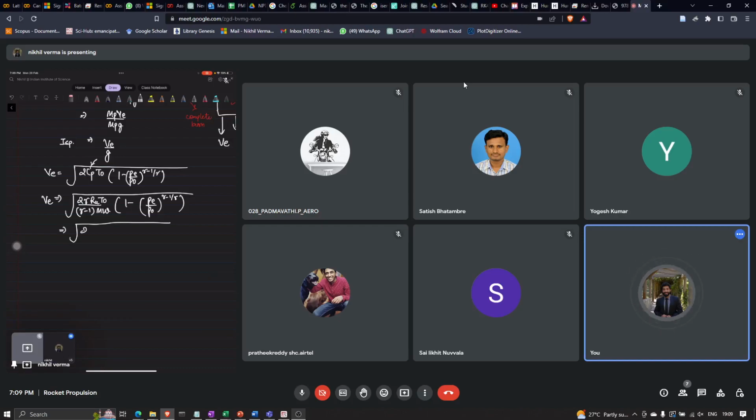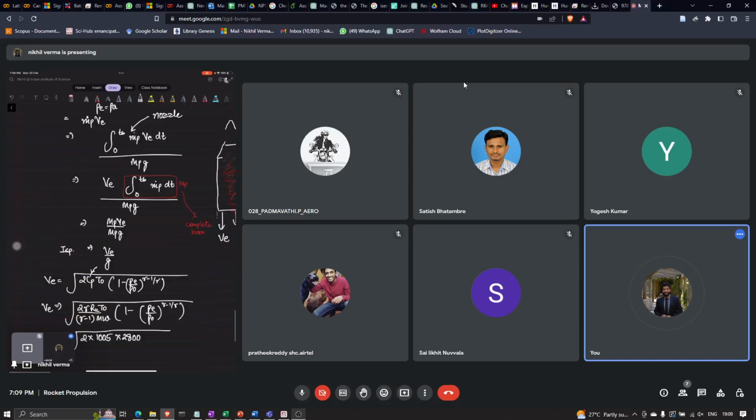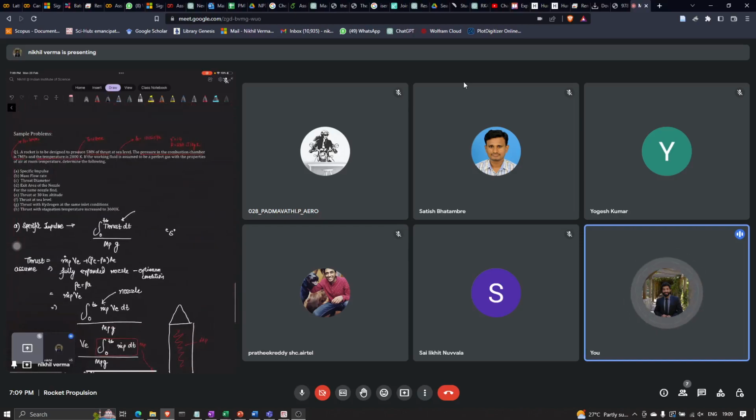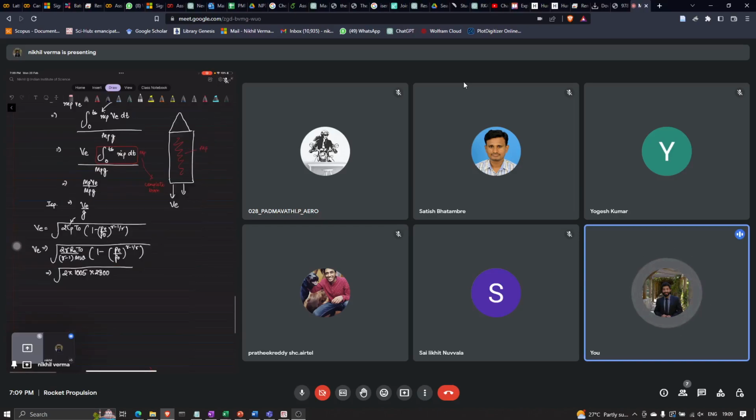Since in the problem it is given, we can take the properties as air. So Cp is 1005 for air, and this temperature T naught is given as 2800 Kelvin.